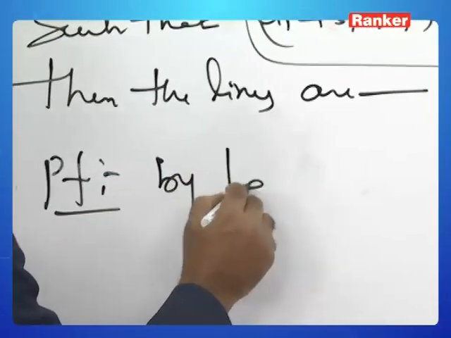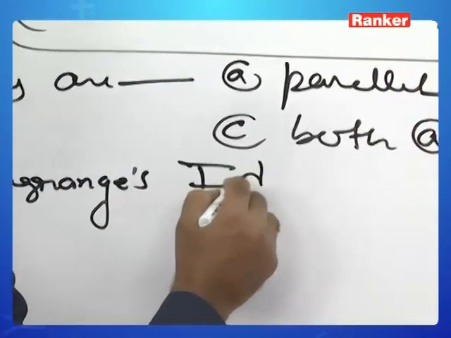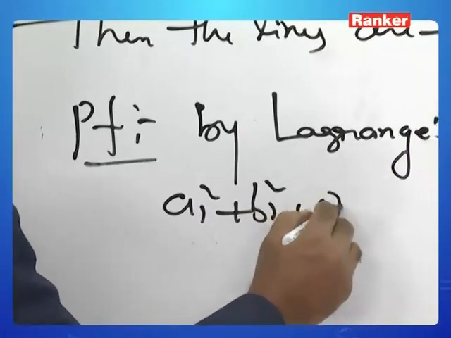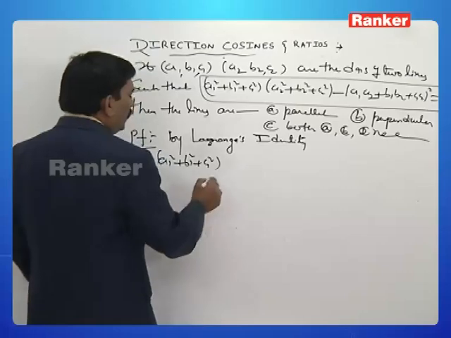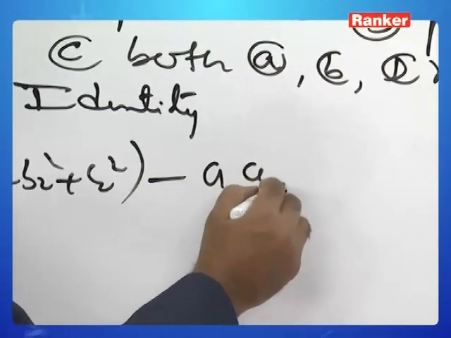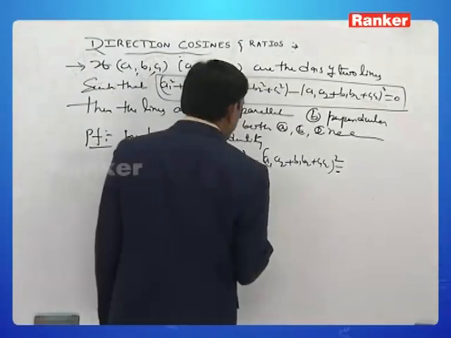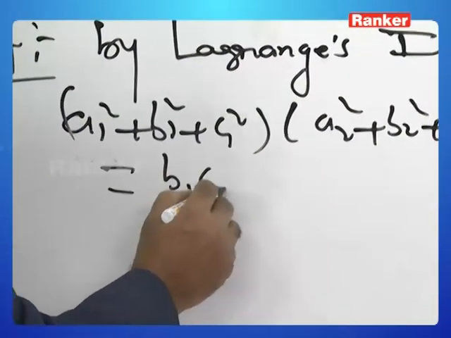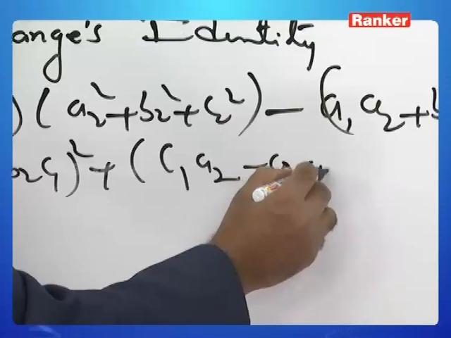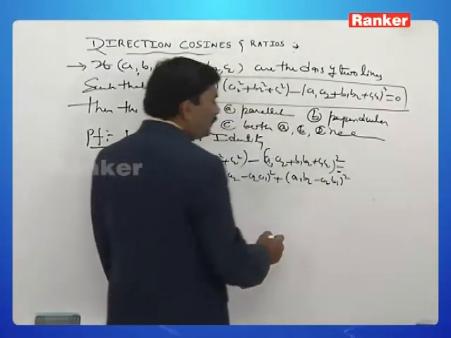By Lagrange's identity, A1 square plus B1 square plus C1 square into A2 square plus B2 square plus C2 square minus A1 A2 plus B1 B2 plus C1 C2 whole square is equal to B1 C2 minus B2 C1 whole square plus C1 A2 minus C2 A1 whole square plus A1 B2 minus A2 B1 whole square.